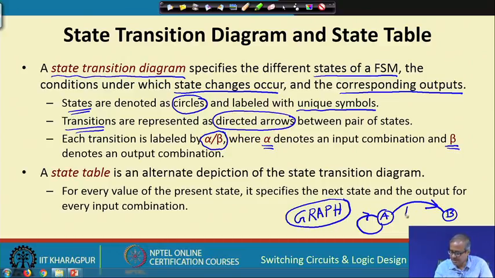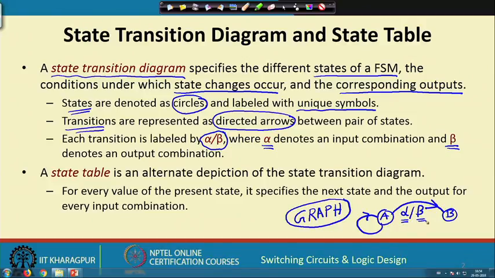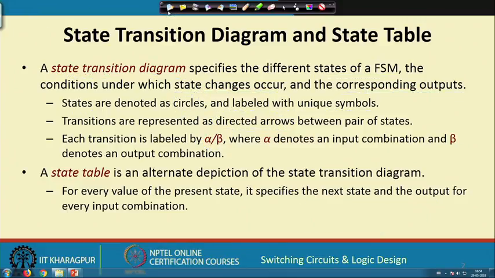So, if I write here alpha comma beta, it indicates that if you are in state A and input alpha has come, then you go to state B and generate the output beta. This is what the interpretation is. Now, as we had said, we shall again see examples.